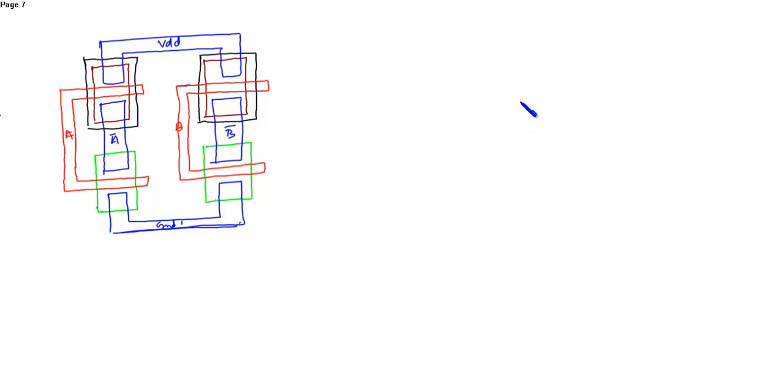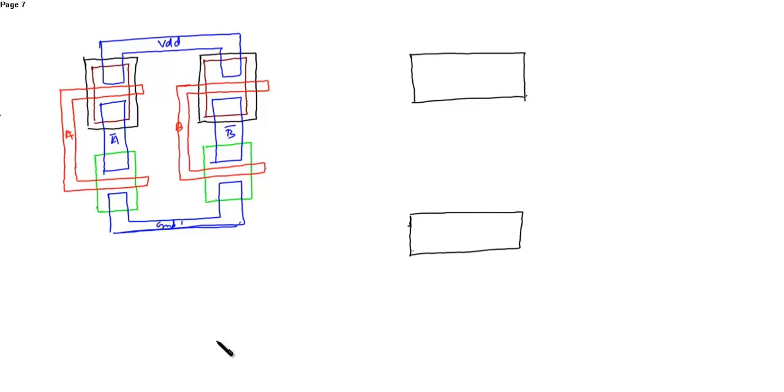Then we have the two transmission gates. So the layout of the two transmission gates can be done as follows. This is NMOS 1. Sorry, that is N-well 1. This is N-well 2. Similarly, we need P diffusion 1, P diffusion 2.